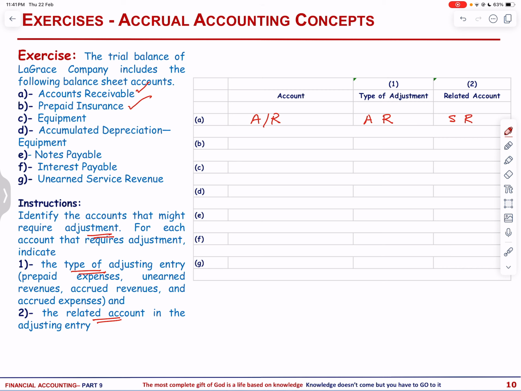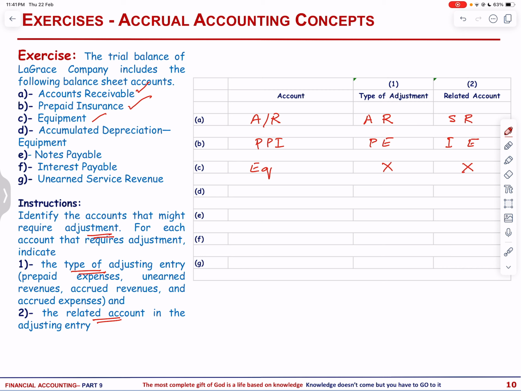For number B, prepaid insurance, obviously the type of adjustment is about the prepaid expenses, and the related account is insurance expense. Number C is equipment, and there will be no adjustment or any related account for equipment.